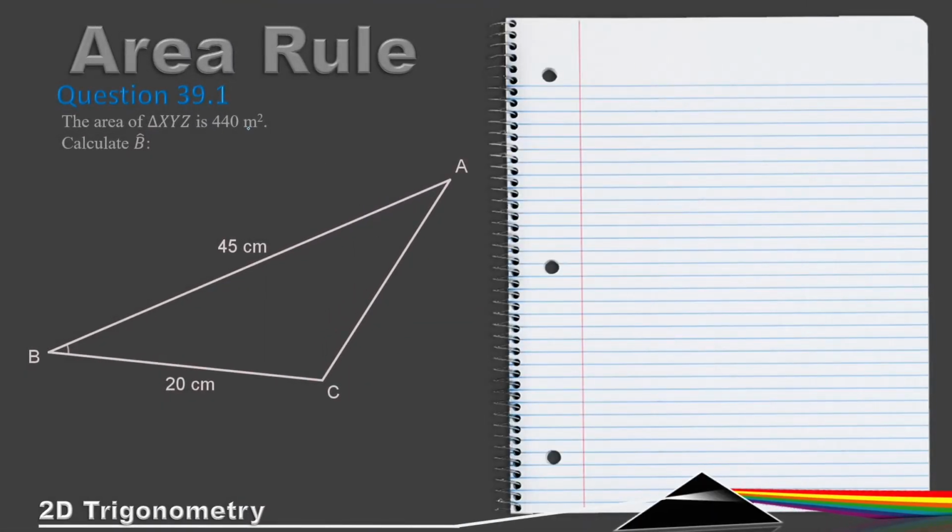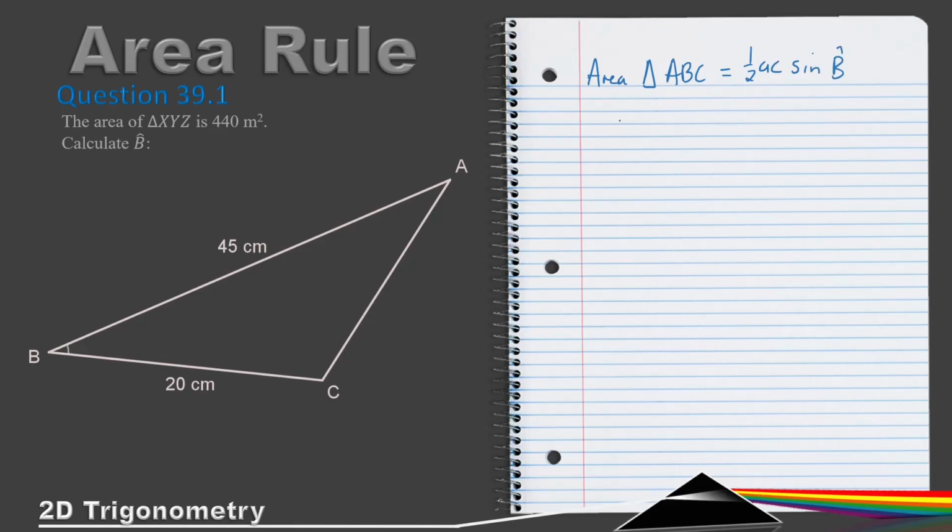Okay, question 39.1. Calculate B. The area of triangle XYZ is 440 meters squared. So in this case, we actually need to find the angle. Again, area of triangle ABC is equal to, so we have A and C, so half AC sine B. And then we substitute.